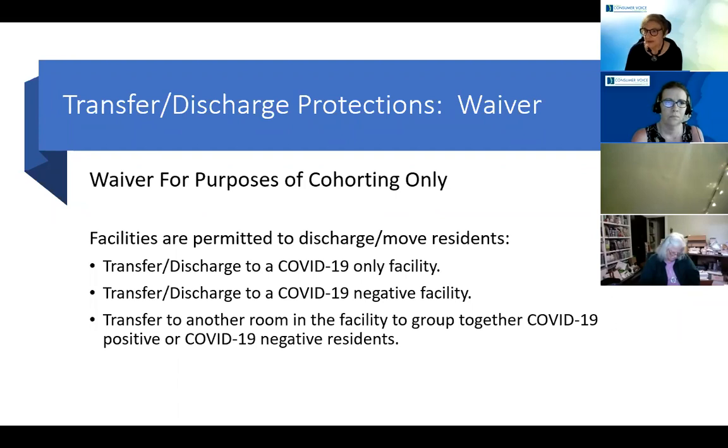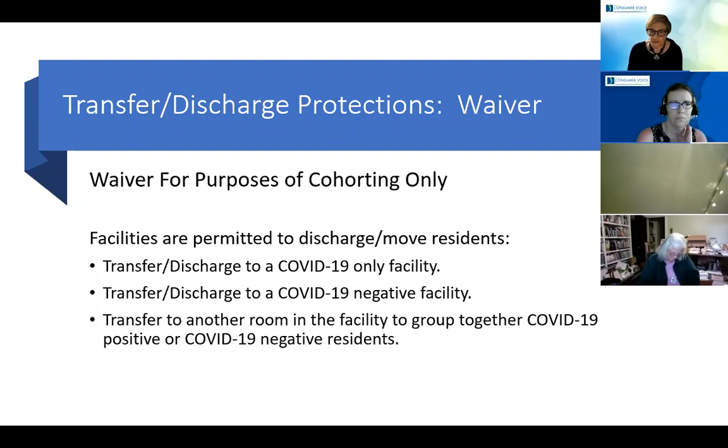And it's an established public health safety measure to cohort. So nursing homes still have to give advance notice, but for cohorting reasons only, they can transfer or discharge a resident out of the facility to a COVID-only nursing home.